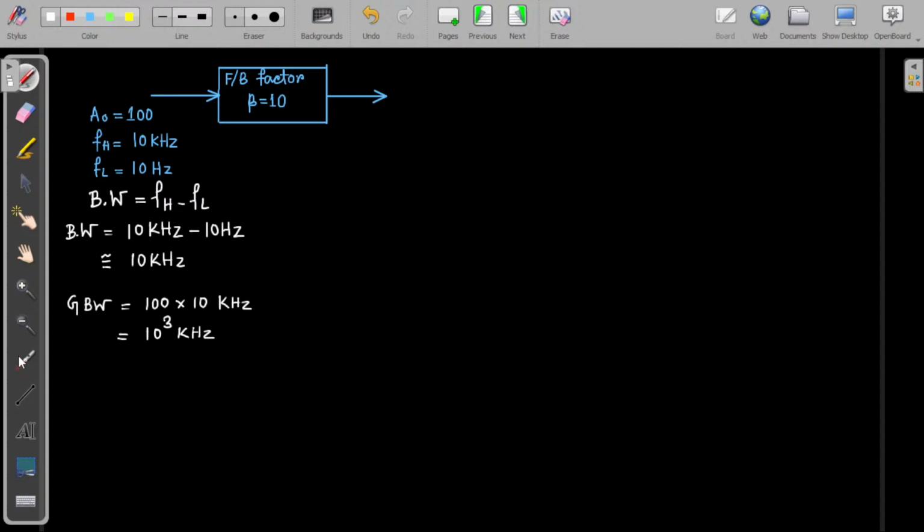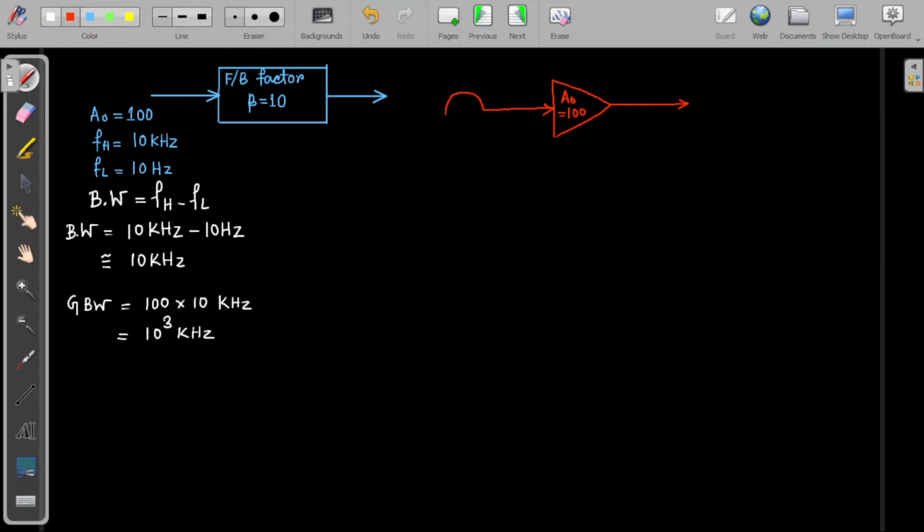Now we are connecting negative feedback with this. So let us draw the circuit like this. Right now this is the basic amplifier, and this basic amplifier has a gain value of 100 and it will be connected through a negative feedback.